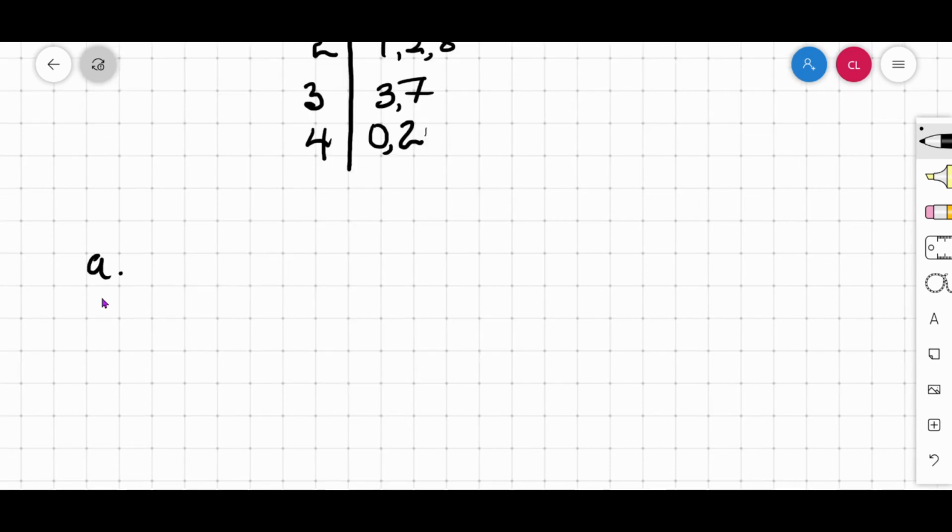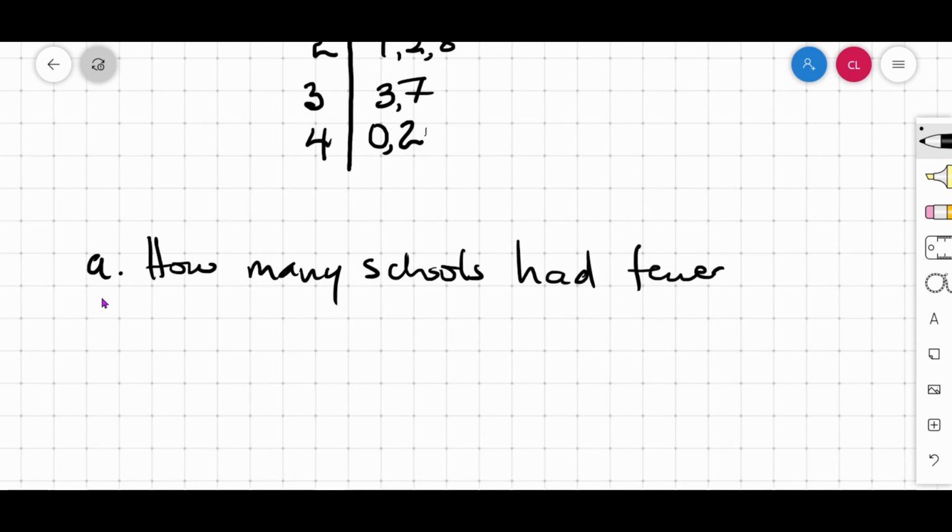So A, how many schools had fewer than 20 members? And then this would be 7 schools.